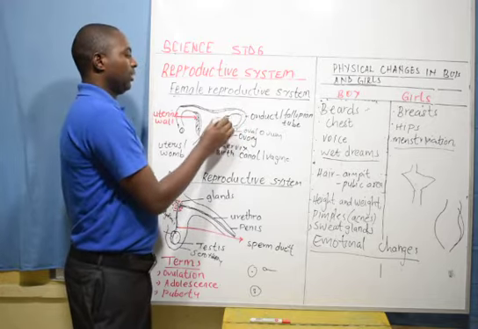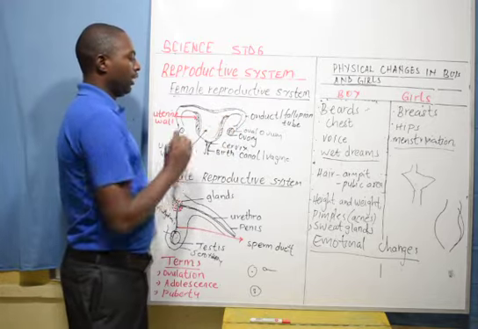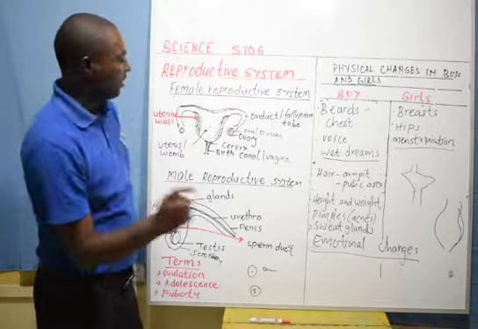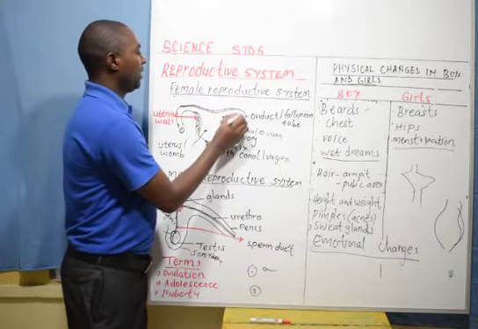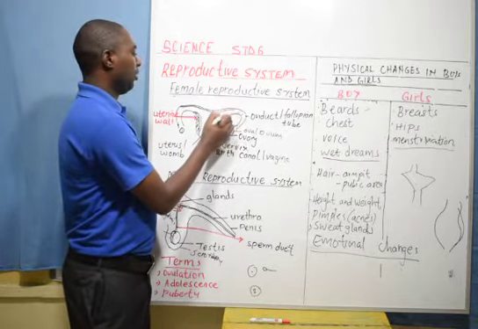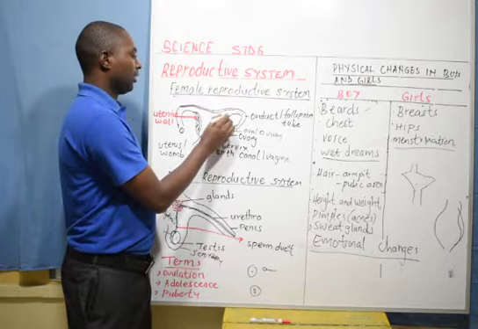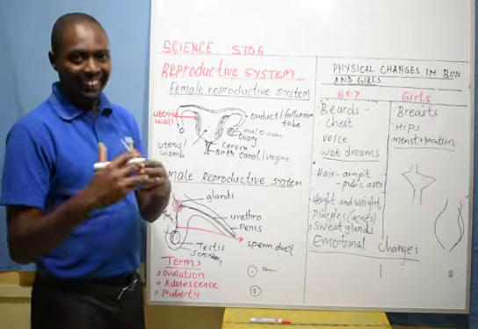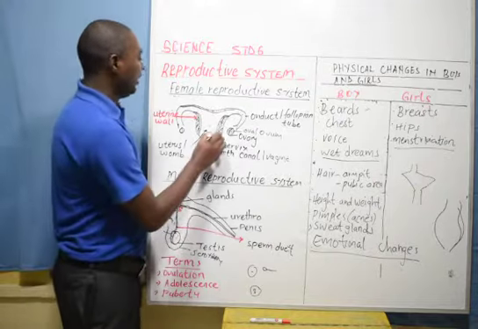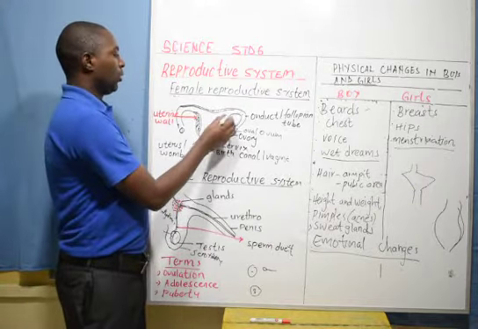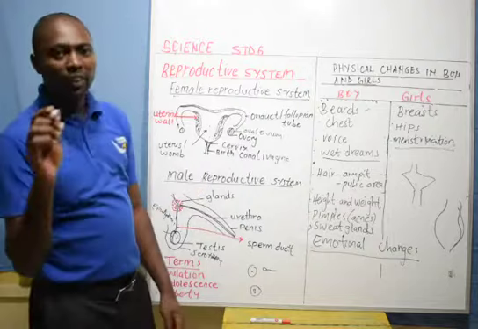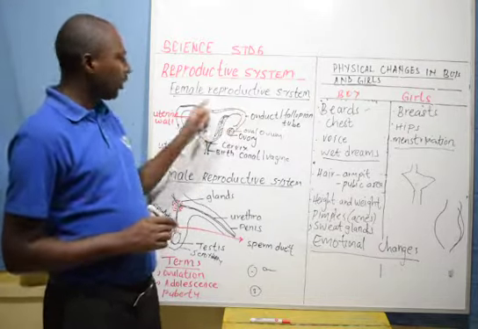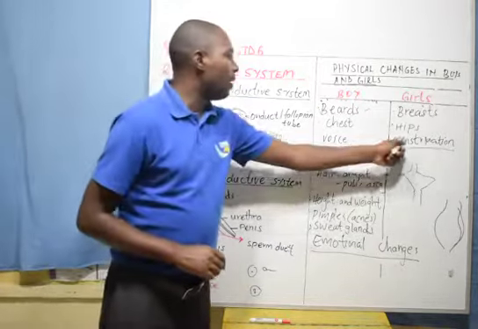The moment it was released, the uterine wall thickens. Therefore, when this ovum dies, it flows out with the wall that was already thickened and had a lot of blood, which disintegrates and discharges blood. So the discharge of blood after every 28 days, because the ovum was not fertilized, is what we call menstruation.